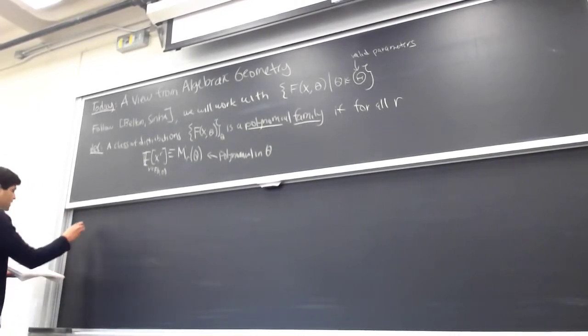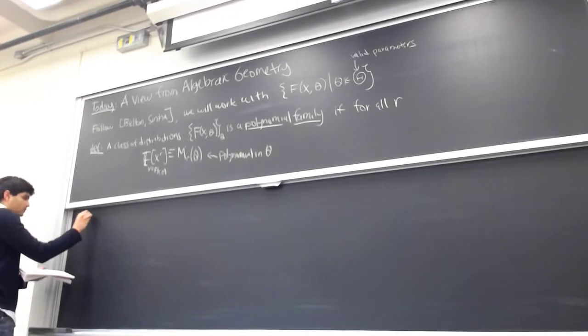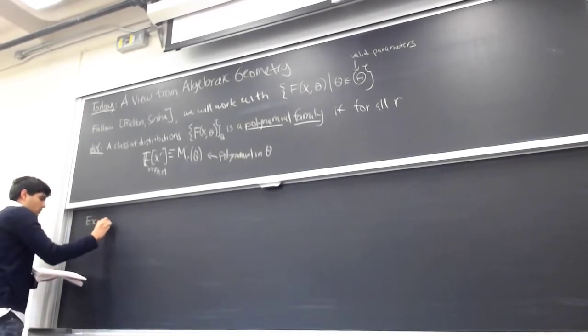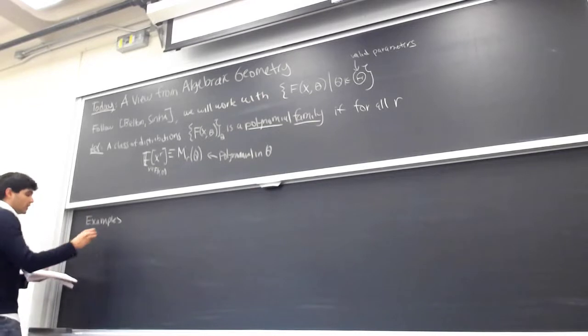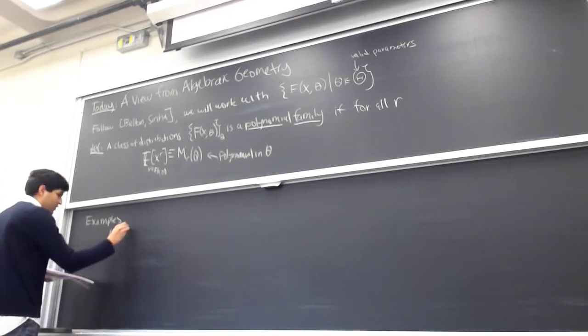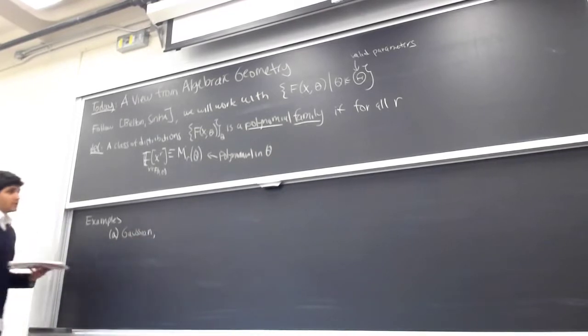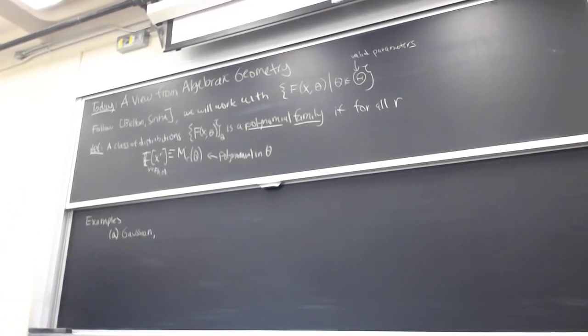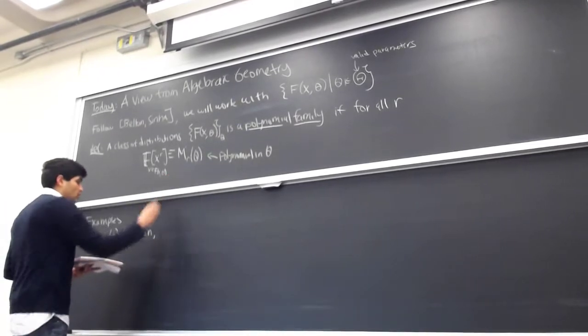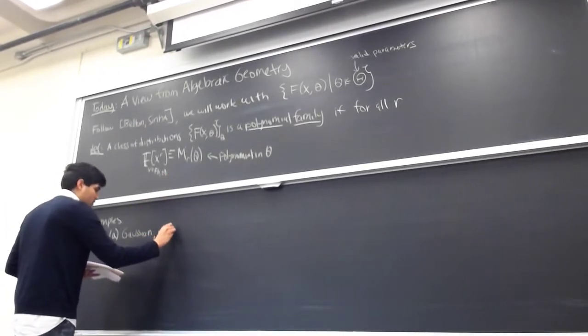Actually, first let me give you some examples that fit into this definition. So the first one, we already talked about it, is a Gaussian. The same way that the moments of the Gaussian are polynomials in the underlying parameters, you can also work with mixtures of Gaussians.